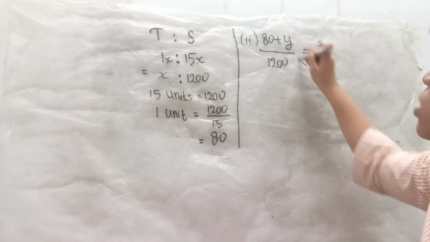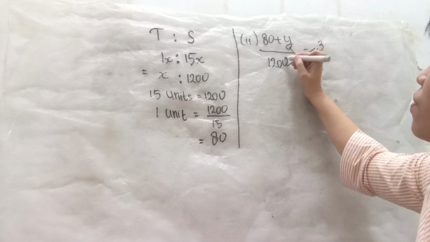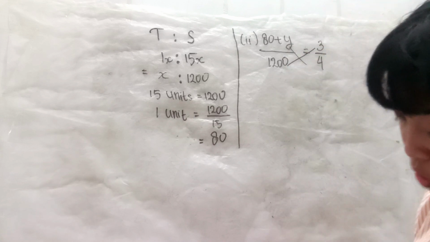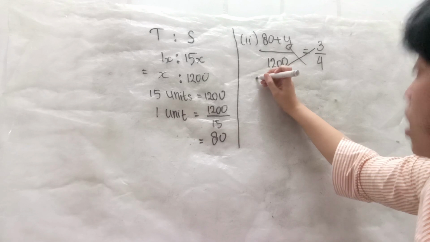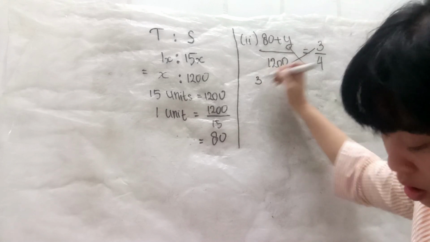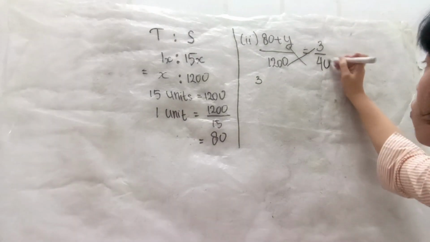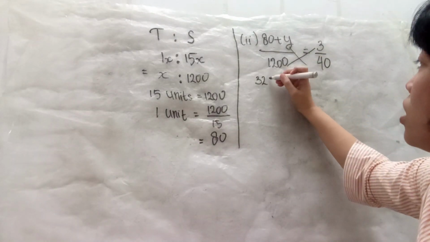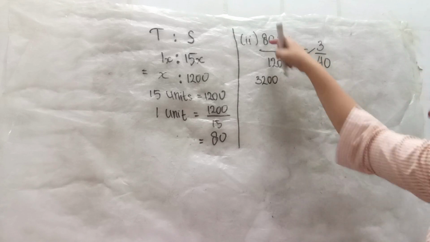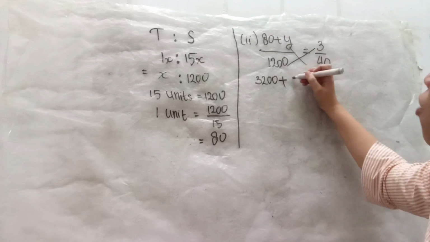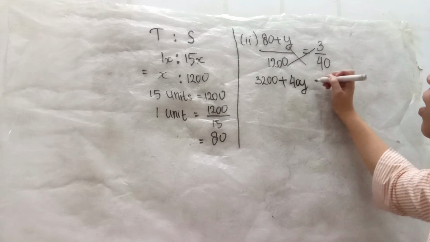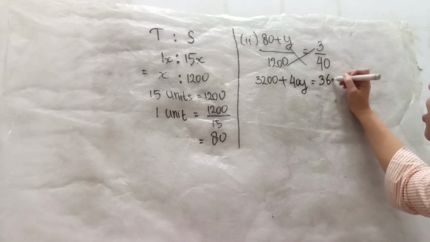So if like this, just cross multiply. So you'll get 3 to 40, the new one. So here 3,200, 40 times 80 plus 40y equal to 3,600.